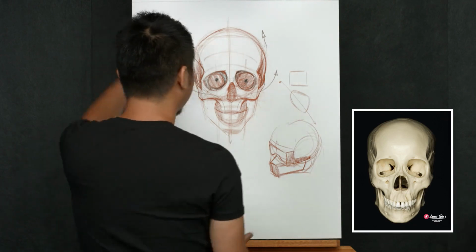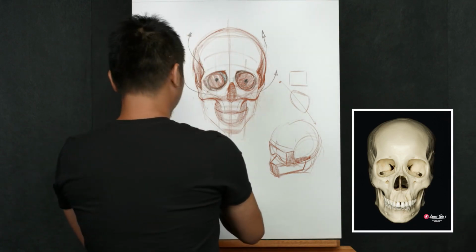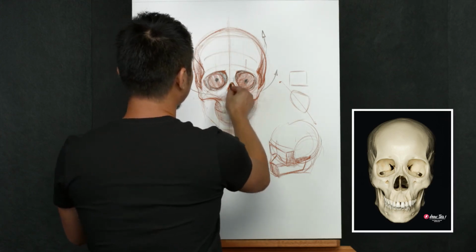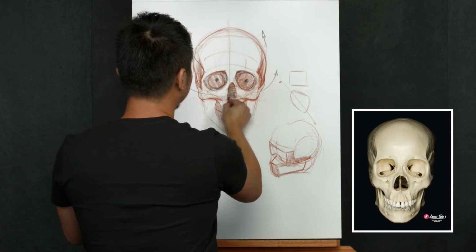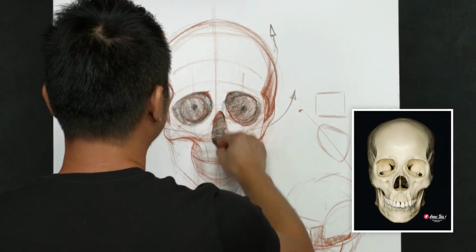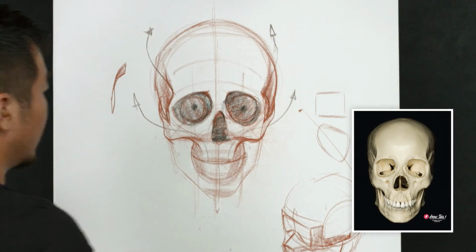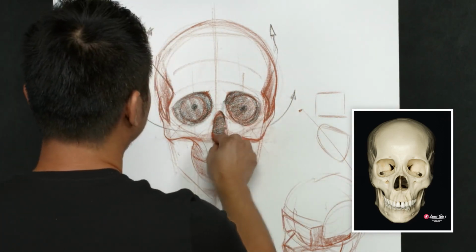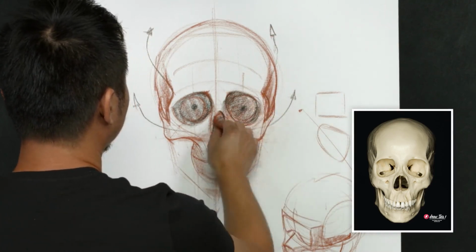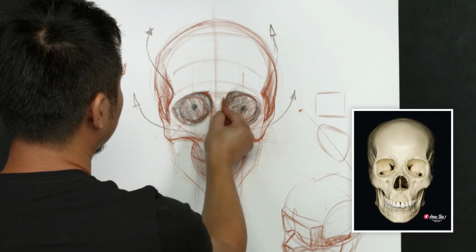It keeps echoing and keeps everything harmonized. Let me darken this. The muzzle also has a side plane, and it merges into the socket like this. And then this part is going to get slightly darker because that's the keystone.